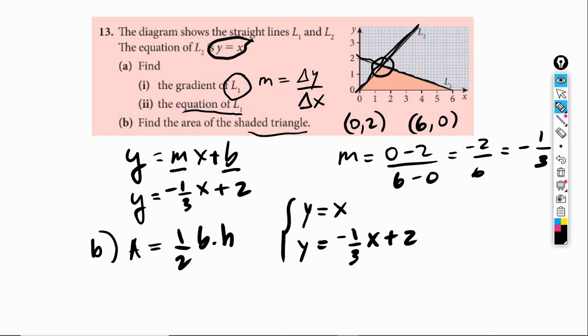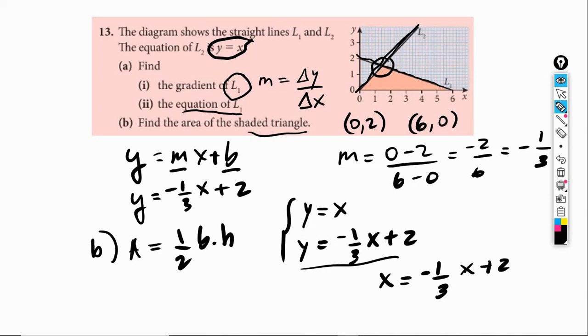So the easiest thing here is to use substitution, because y equals x. So let's rewrite this. Since y equals x, I can rewrite the second one as x equals minus 1/3 x plus 2. And then I can just solve for x, right?